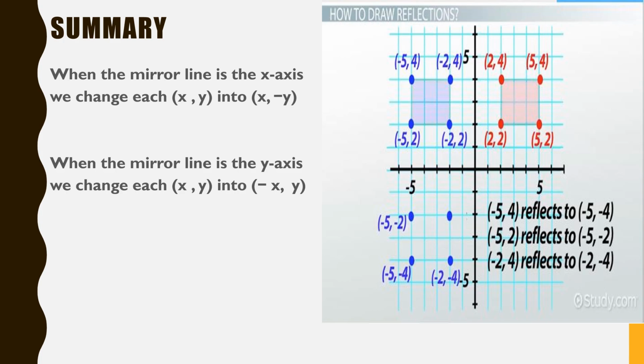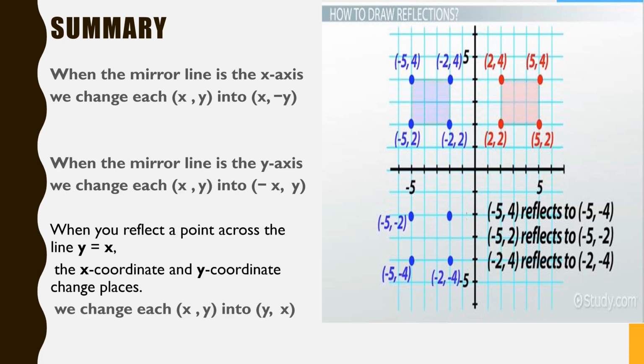The y coordinate remains the same and the x coordinate is negated. And finally, when you reflect a point across the line y equals x, the x coordinate and the y coordinate change places. So we switch the x coordinate and the y coordinate. So if you have (x, y), it's going to change into (y, x). For example, if you have (2, 4), it's going to change into (4, 2).